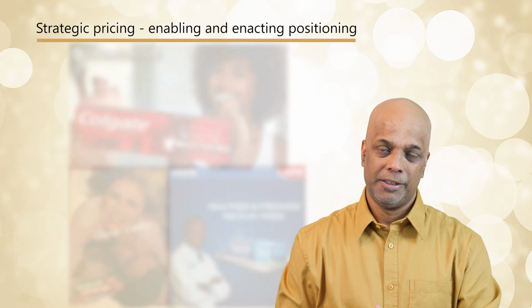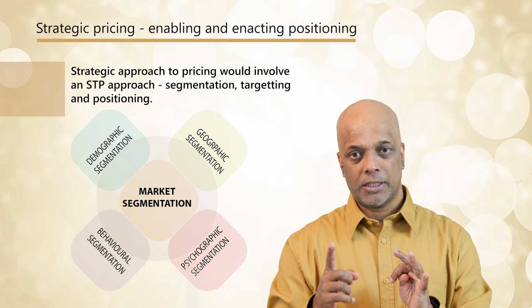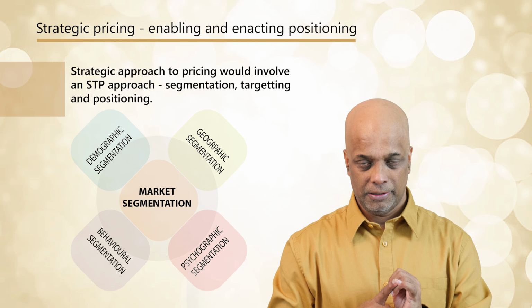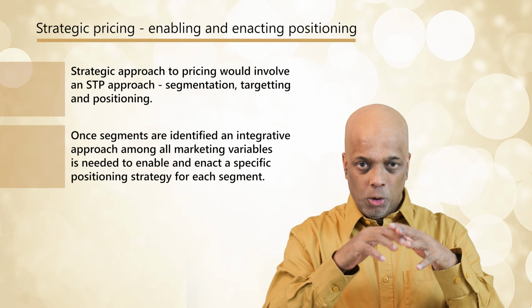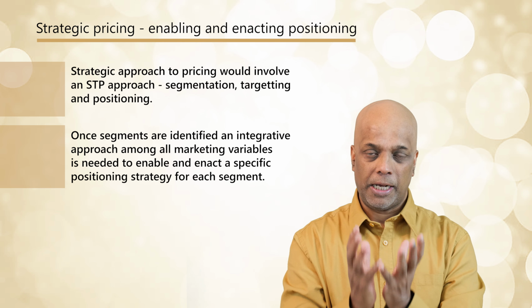And such basis could be demographic, geographic, psychographic, or behavioral, including the benefit sought. And once you identify your segments, then you have to design your positioning strategy. That means all your marketing variables, place, product, price, and promotion all together to hit that particular target.